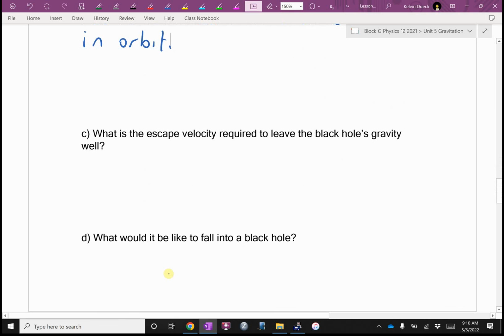What's the escape velocity required to leave the black hole's gravity well? How do we solve for escape velocity? What was our approach? Now, you may have memorized the equation, and if you have, fine. But it was conservation of energy.